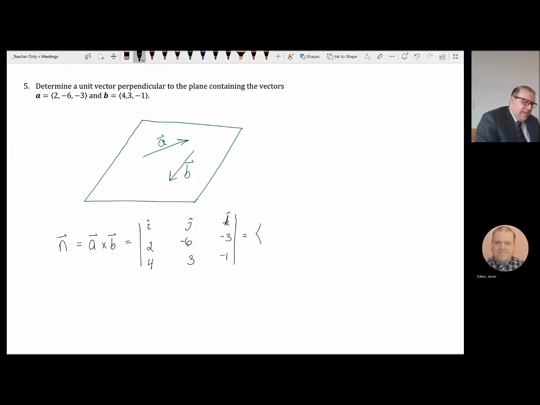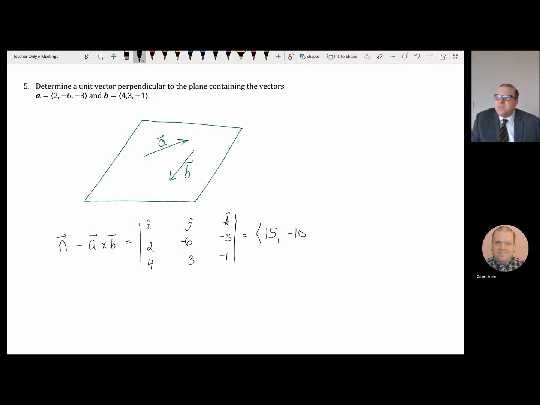-6 times -1 minus -3 times 3. That'll be 6 plus 9. 2 times -1 minus -3 times 4. That's -2 plus 12. And then flip the sign. 2 times 3 minus -6 times 4.